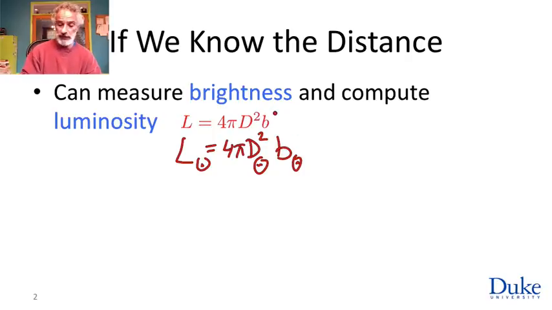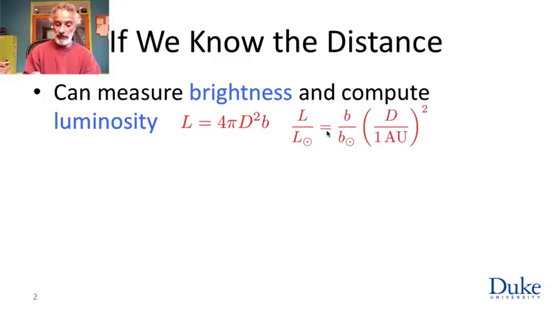I get an expression that says that this divided by that is this divided by that, where I have plugged in that the distance of the sun from Earth is 1 astronomical unit, and the sun's brightness is the solar constant. So we have a dimensionless object, the luminosity of the star in units of solar luminosity, written as the product of two others. Whenever possible, we'll write it that way.